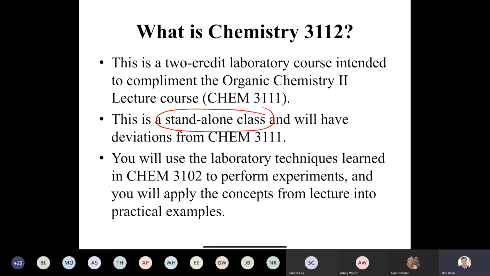Anyhow, it says here you're going to use the laboratory techniques. Luckily, we covered all of them in 3102 before the pandemic really hit us hard. And you're going to use those techniques to perform experiments, and you will apply some of the concepts from lecture into some really practical examples.